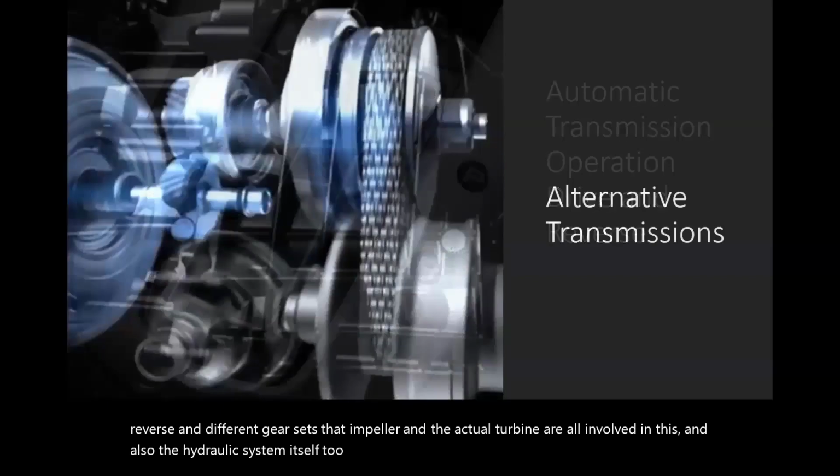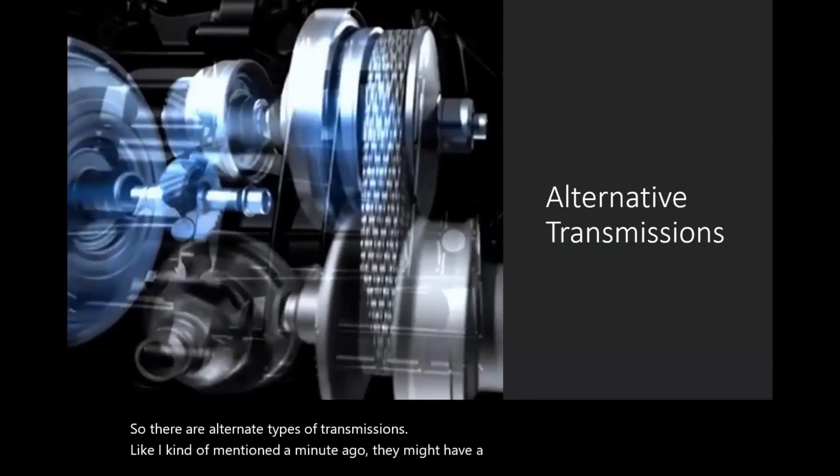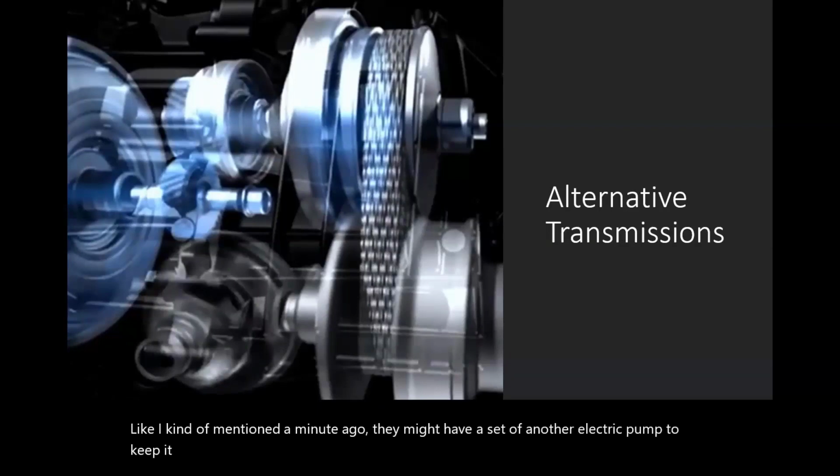So there are alternate types of transmissions. Like I mentioned a minute ago, they may have another electric pump to keep it fully full of fluid, so it'll hold it in and keep it in gear.